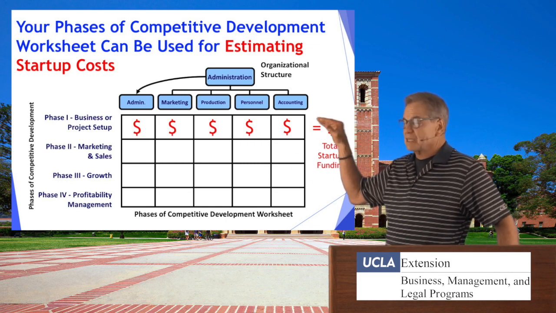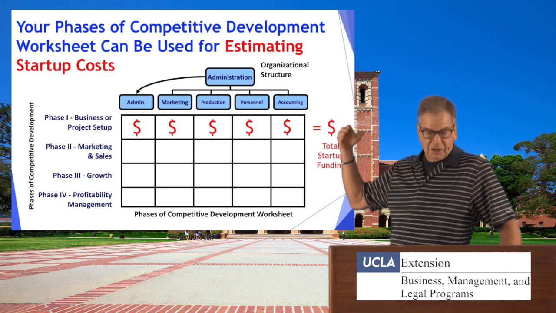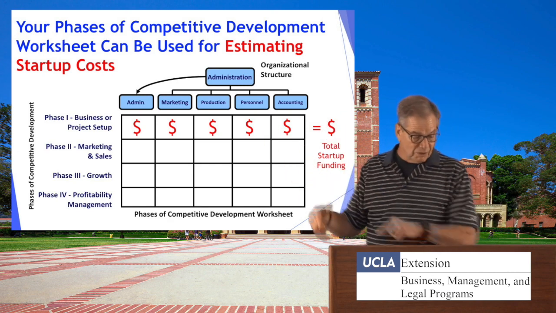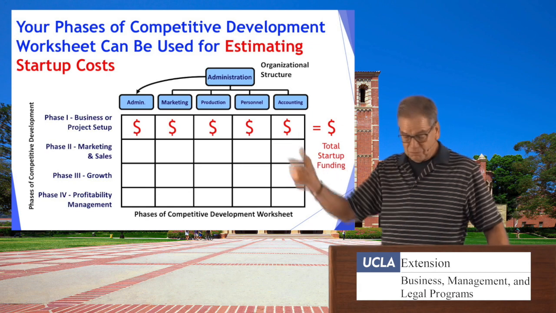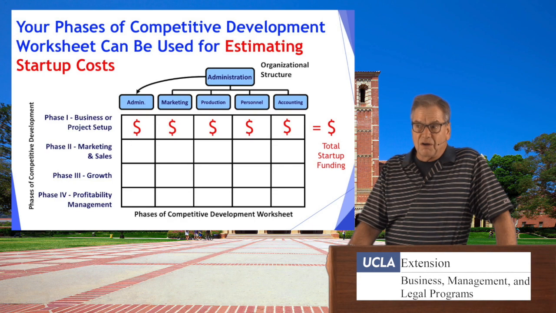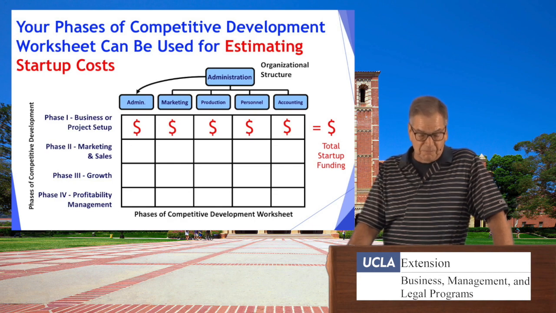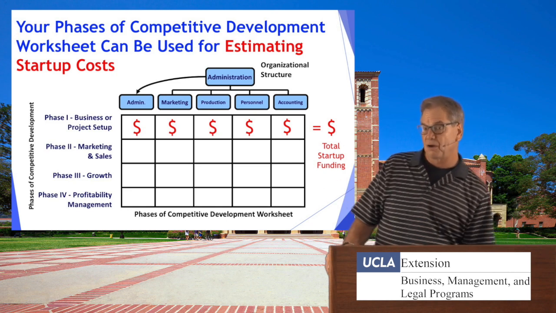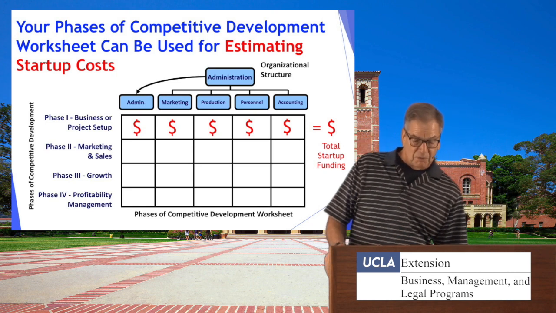And here we can get some kind of idea, and we're going to give you some techniques when we get into doing cash flow projection, which is a video that's a few lectures down the road from here, where we tie our phases of competitive development into a spreadsheet for estimating.